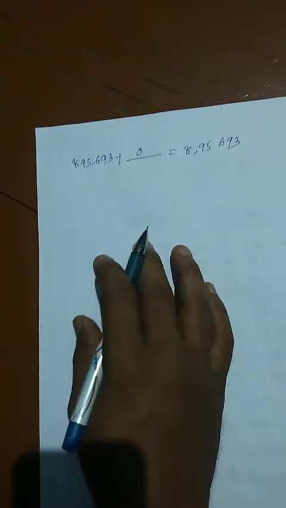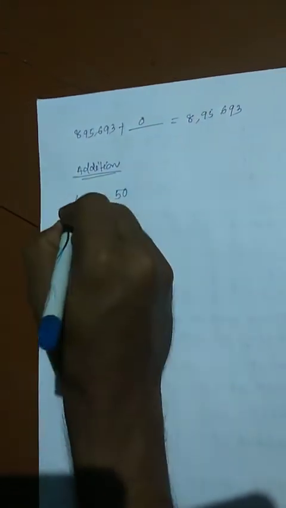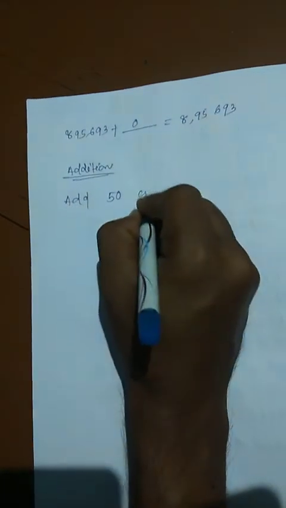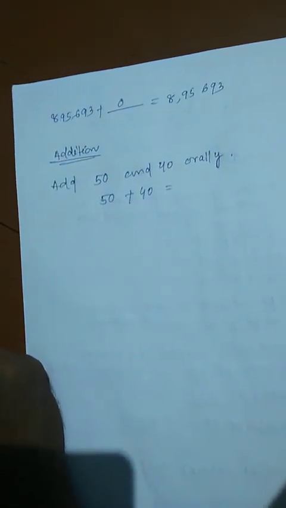Now let us discuss some additions which can be done orally. How will we do it orally? Suppose we add 50 and 40 orally. First we write 50 plus 40. You have to check that the addends are in the same group, that is, in tens.